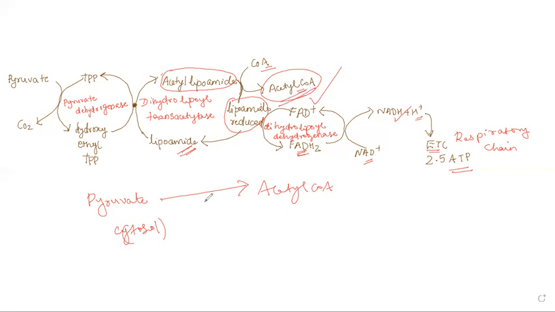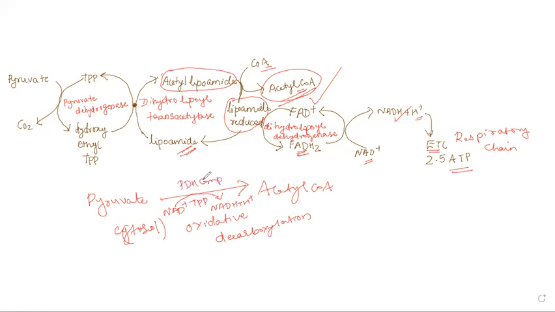In this oxidative decarboxylation, NAD plus is utilized here, NADH plus H plus is formed here, and TPP is used.